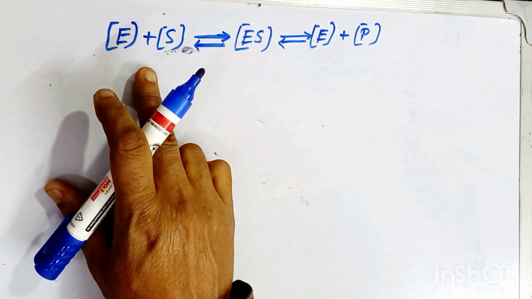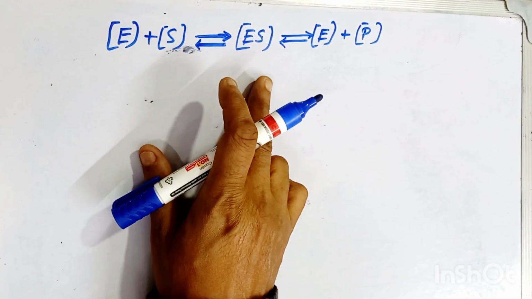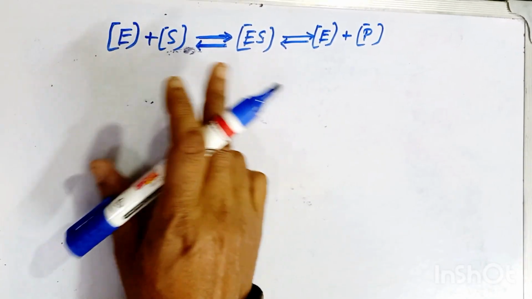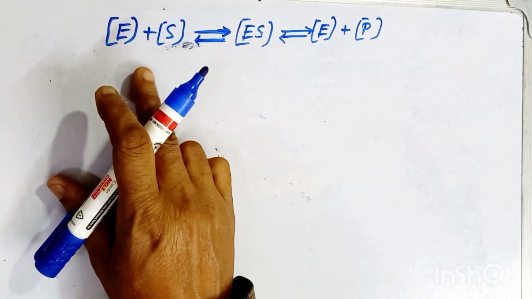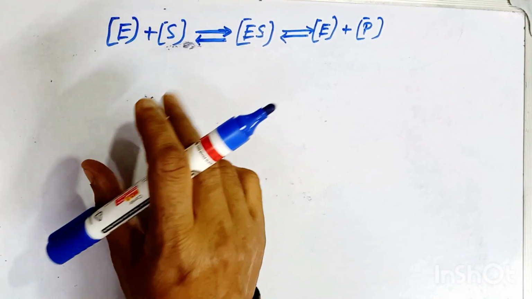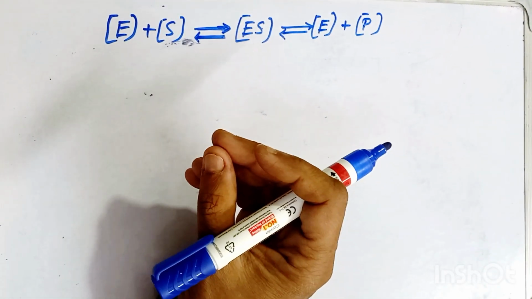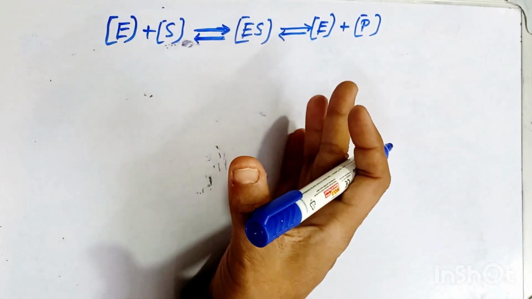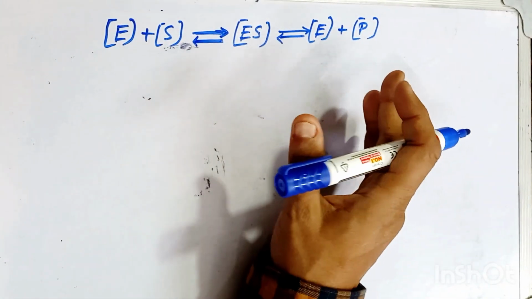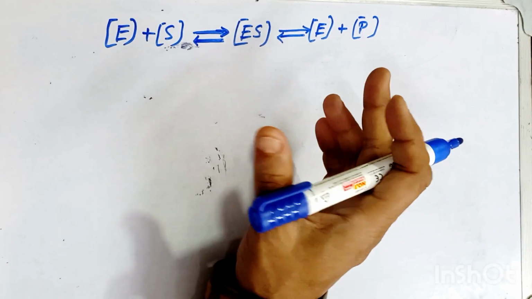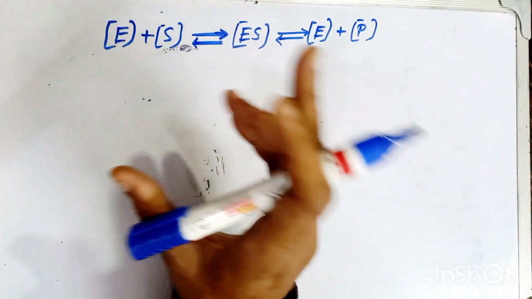It means both the forward and the backward reactions always take place, but in a little quantity. Earlier it was a very small quantity of the substrate that was changed to product, but now in the presence of the enzyme, a much larger amount of substrate gets converted to product.